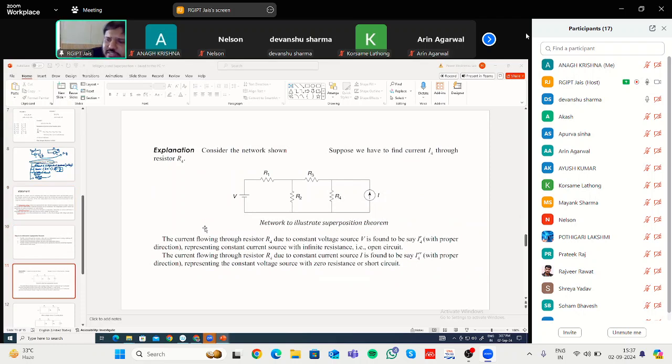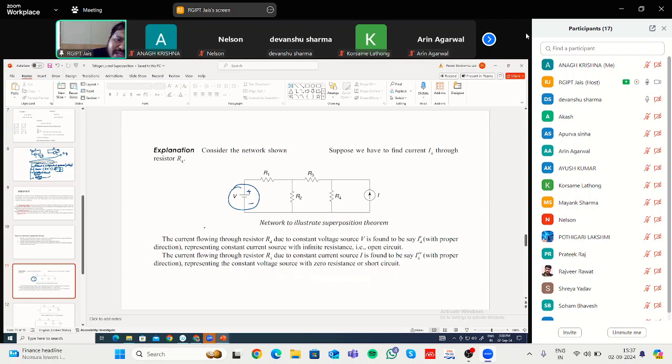There are two sources: this voltage source and this current source. Both are independent. This is plus, this is minus, and the direction of the current source is given. Some circuit with R1, R2, R3, R4 is given to you. What does the superposition theorem tell?